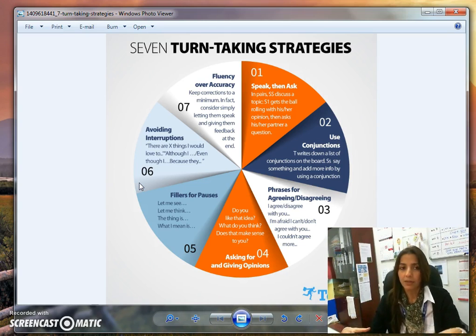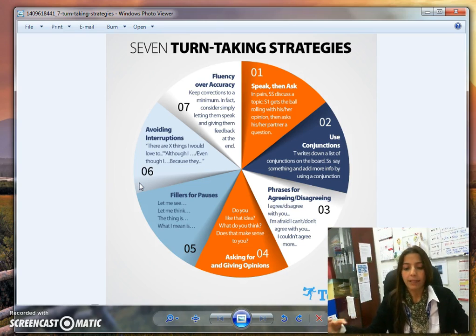So one person has some view, another person has another view, and they're not able to reach a conclusion. So maybe you can come, interrupt them, and you can make it clear to them as well as to others who are part of this discussion. So that's avoiding interruptions.